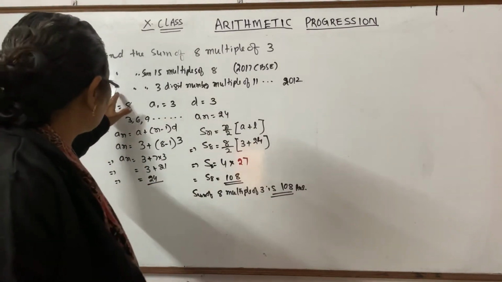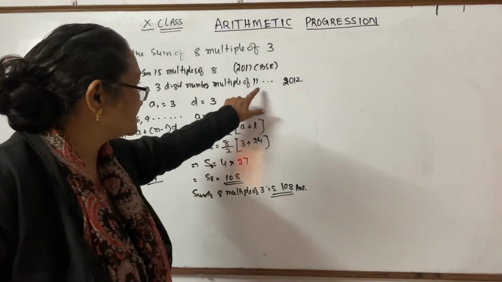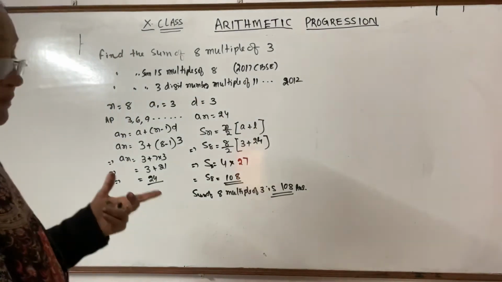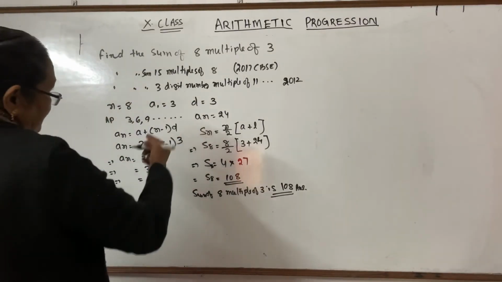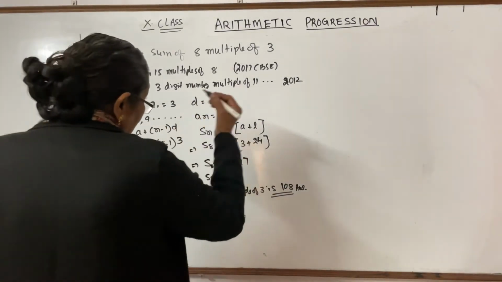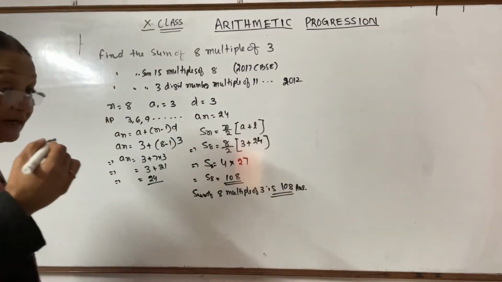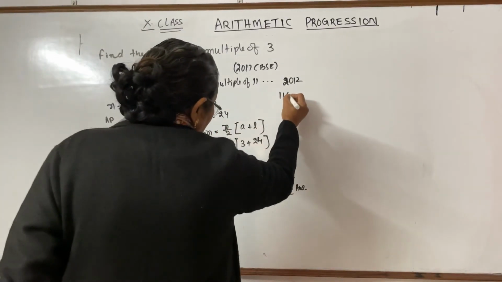Then next is: find the sum of 3-digit number multiples of 11. Same way, multiples of 11. This one I shall find out. 3-digit, and that should be a multiple of 11. 11 tens are 110. Isn't it? That is 110.